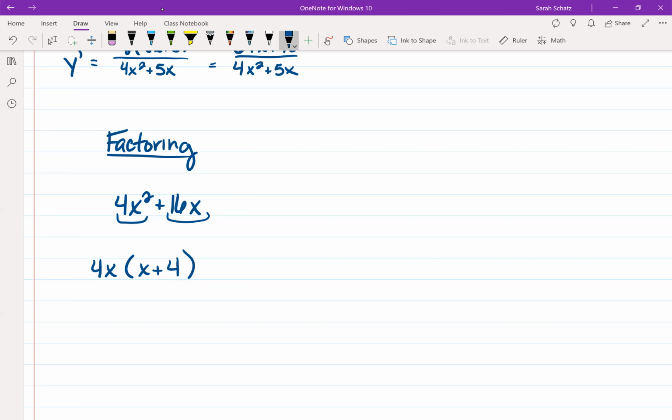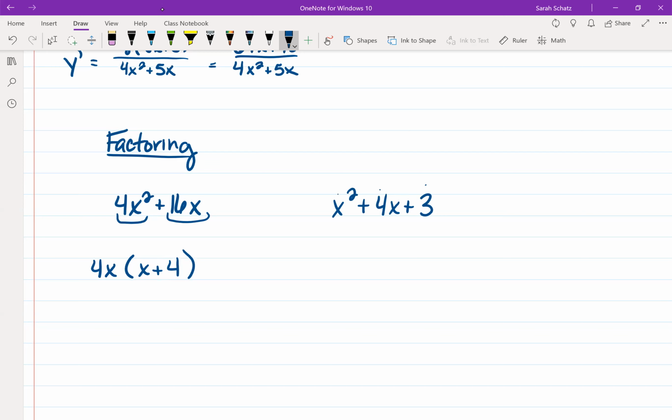That's not what we're going to review. We're going to review when it's harder. So for example, if I have x squared plus 4x plus 3. So if you have to factor this, well, here's the deal. You can't take something out of all three terms because they don't have anything in common.